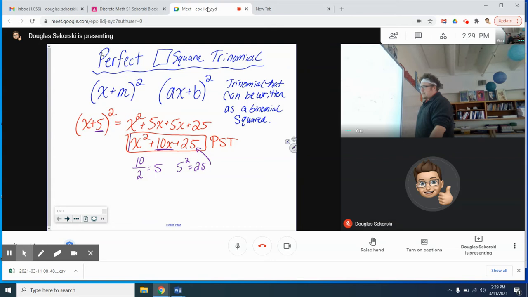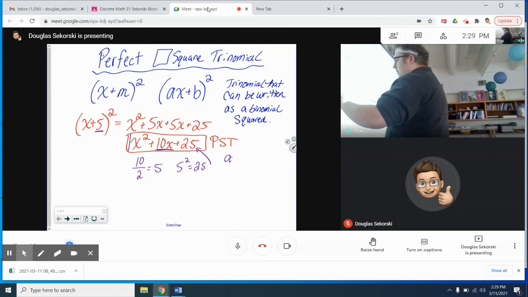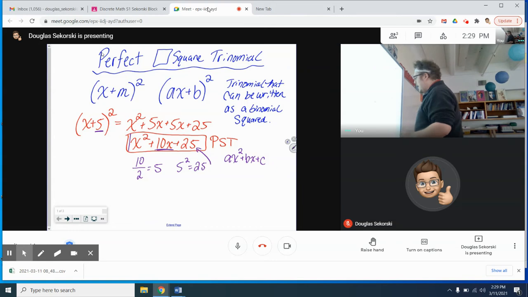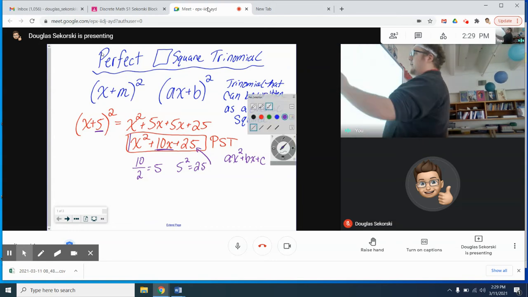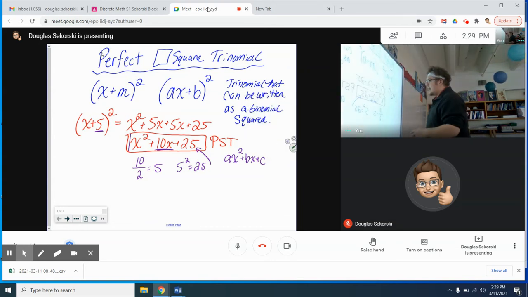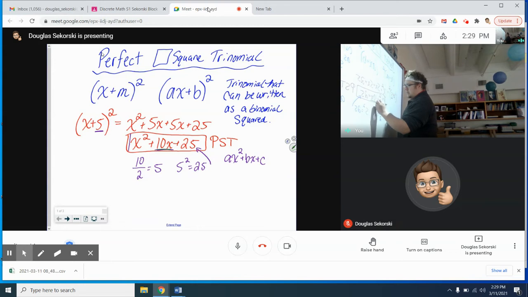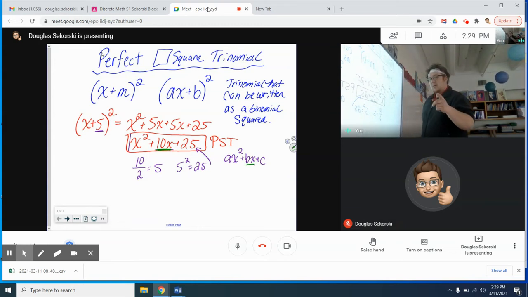But I want to bring this back to the idea of ax squared plus bx plus c. And what we want to really pick up on here, we'll go one more color here, is that the b term right here is double whatever this original number is, the 5. So you want to start off by taking the b term and dividing it by 2, and that gives you the constant.